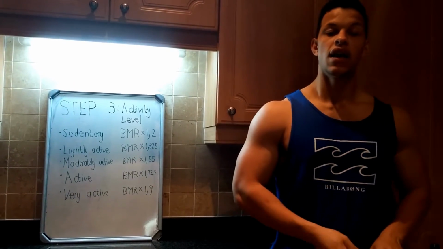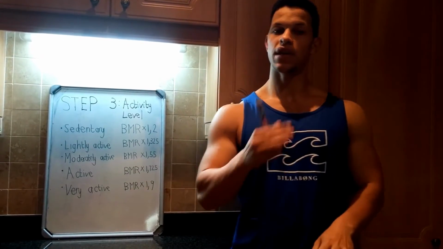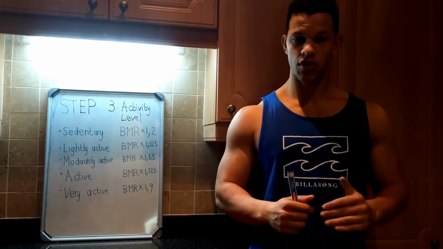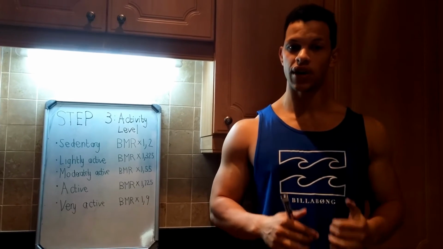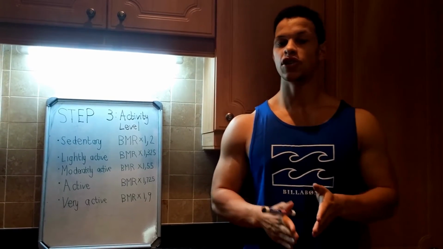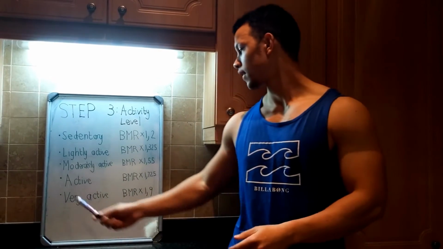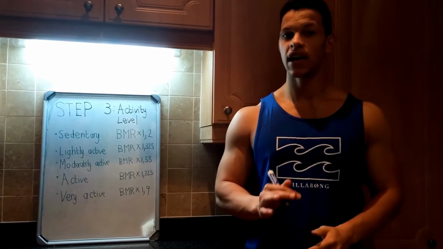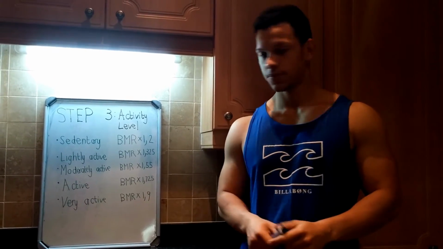Moderately active. That's when you train from between 4 to 5 times a week. You're getting more into the things, you're really enjoying going to the gym. You like what you're seeing, but you can't commit yourself to anything longer because of whatever reason. Active. This is probably the category I fall into the best.